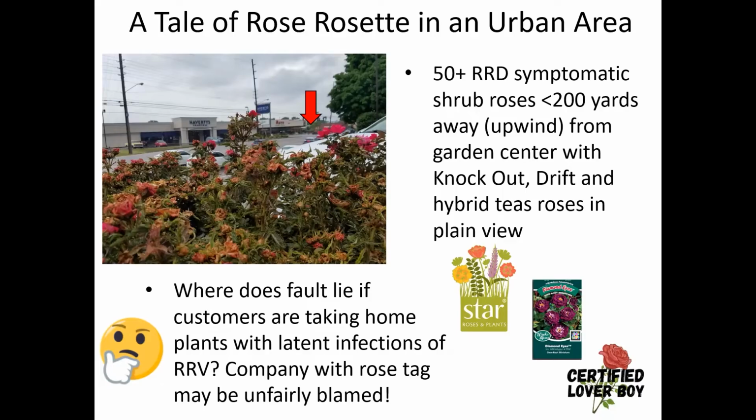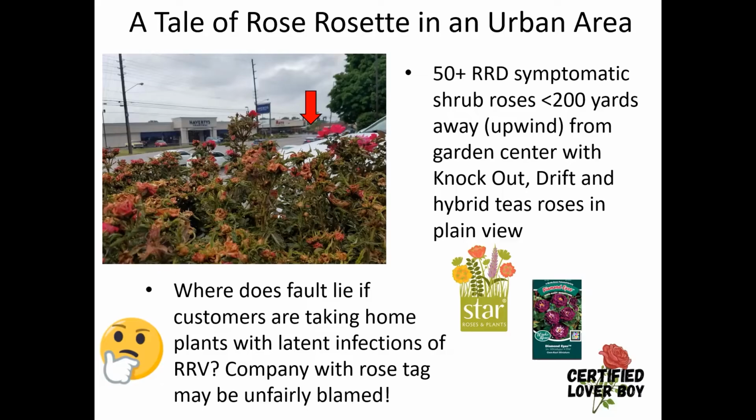Now, your extension services have investigated this. They found the same thing out that I did. It's not that they don't care, there's nothing they can do in a case like this. In Shreveport, Louisiana, when Rose Rosette was first found in the city, it had not been found at the American Rose Gardens at the ARS headquarters, which is outside of Shreveport.